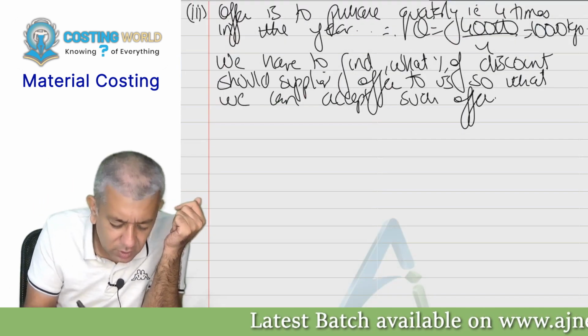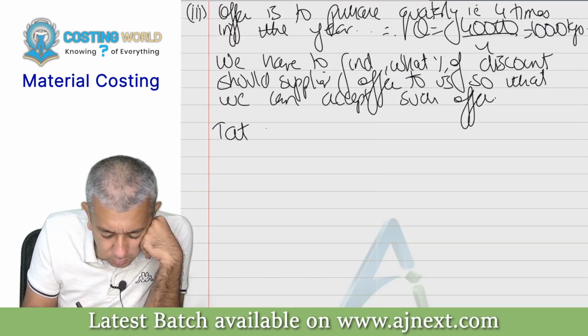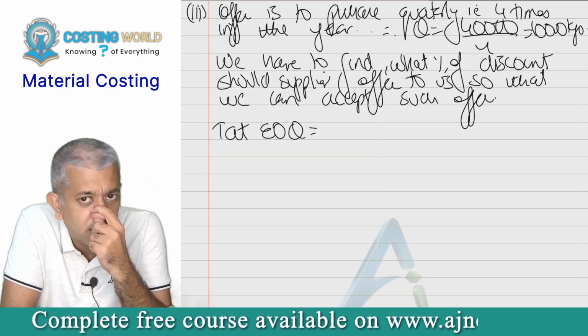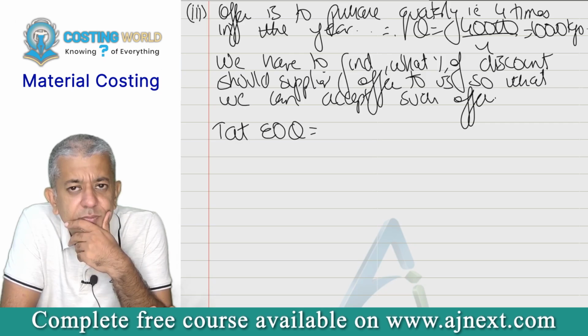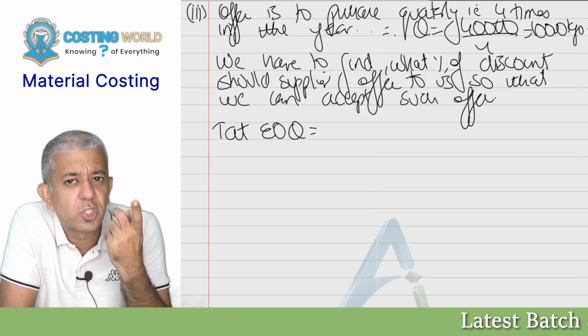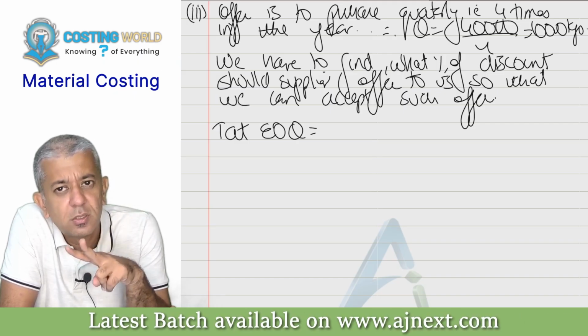Write down part 3. It's part 3 only that we are continuing. Write down T at EOQ. I'm asking you all, second formula, third formula, or anything? So now it is our wish. Would you like to apply second or third? Third.